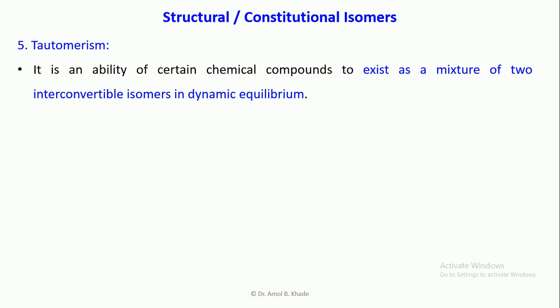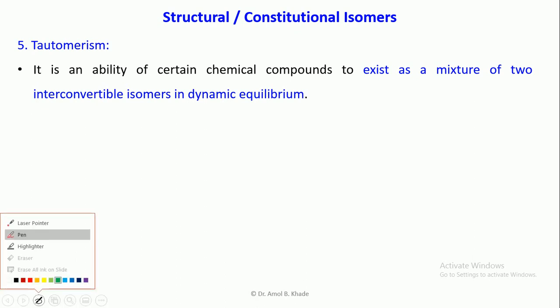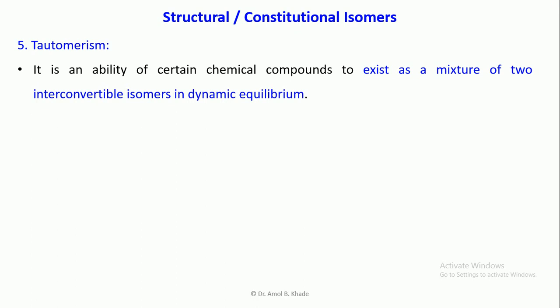Now the last type of structural or constitutional isomer is the tautomer, or tautomerism. It is an ability of certain chemical compounds to exist as a mixture of two interconvertible isomers in dynamic equilibrium.